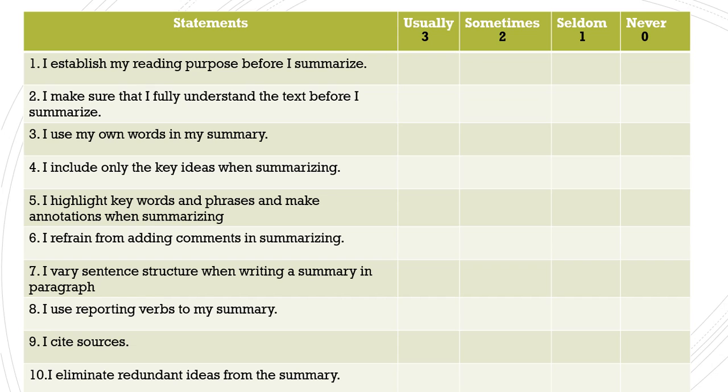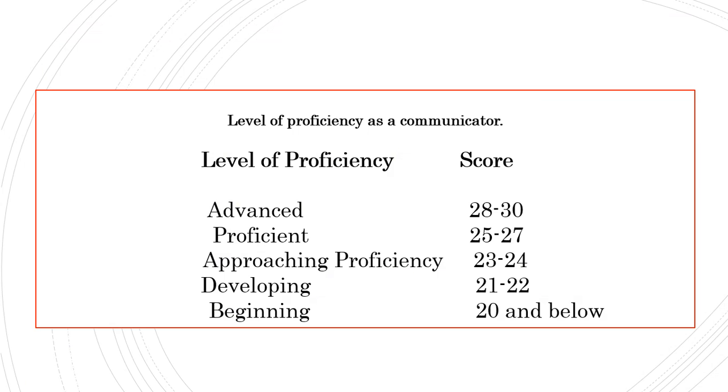Alright, now, here is the interpretation of whatever your score is. Actually, those statements will reveal your level of proficiency as a communicator, specifically in summarizing any content or a text that you have read.